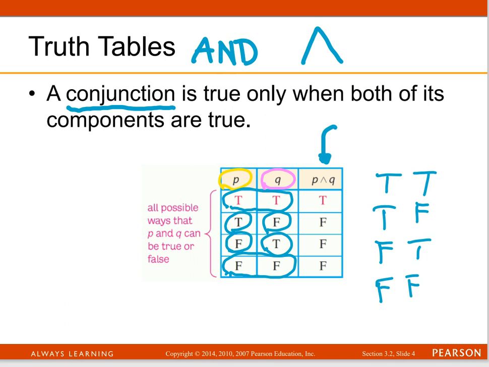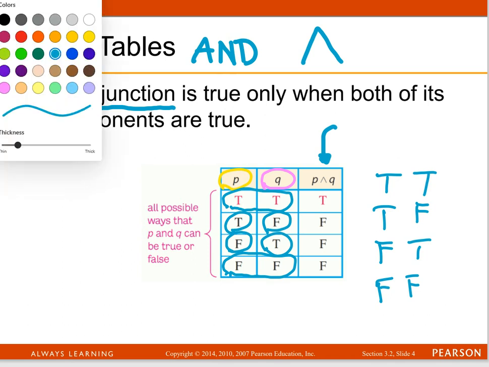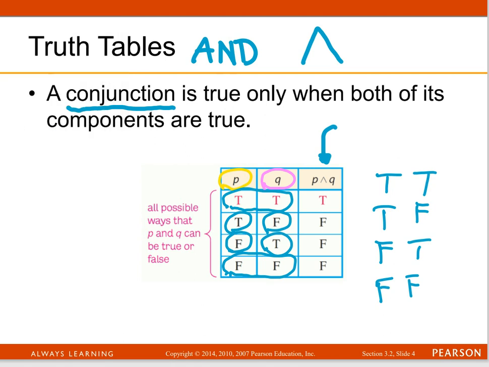All right. Now, when you look over at the results, these are your results for calculating an "and," because you're looking at these two. If the first statement is true and the second statement is true, the result of the conjunction will also be true.